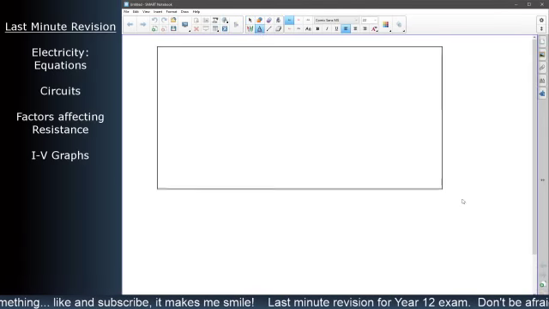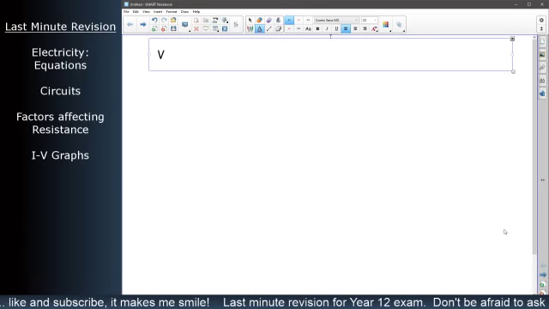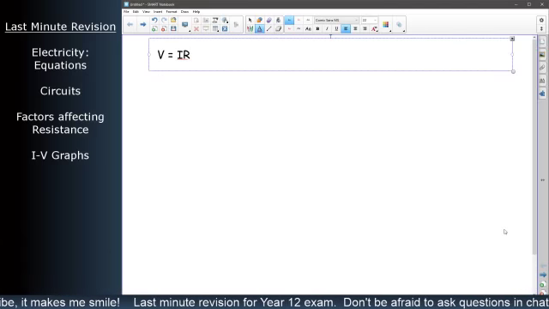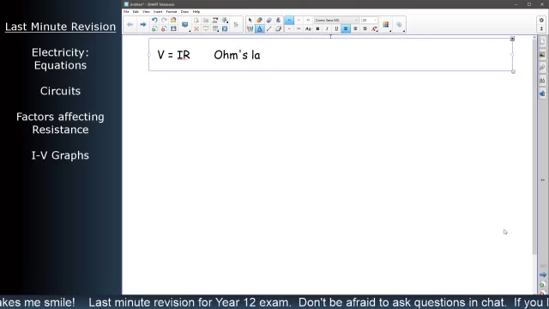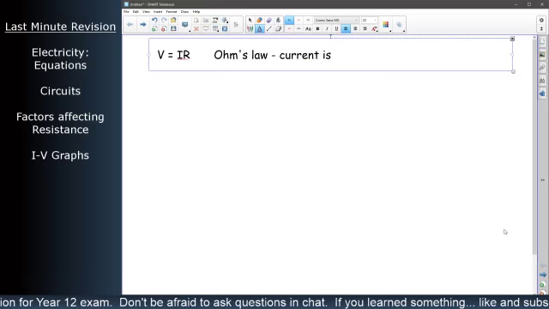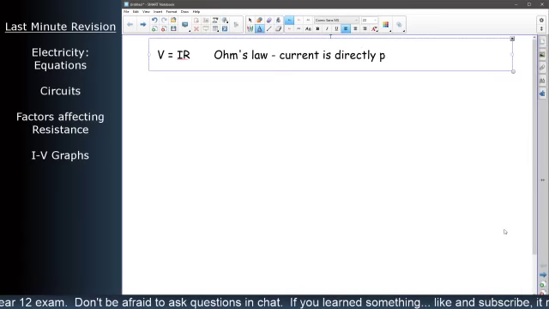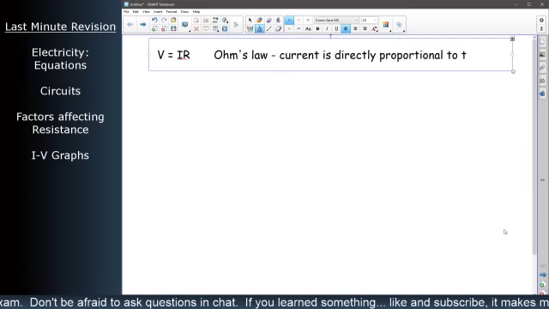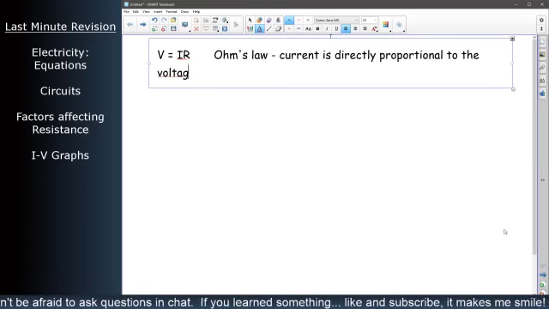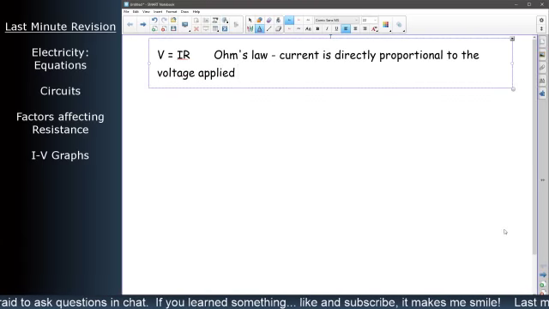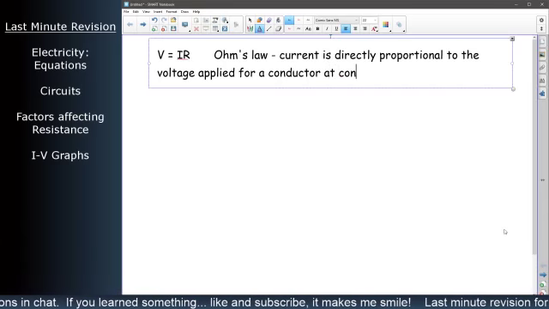You get to have a few equations to start with. First of all, you start with V equals IR, the quintessential electricity equation. This is Ohm's law. Okay, and you need to be able to state this completely correctly, which is that Ohm's law says that the current is directly proportional to the voltage applied for a conductor at constant temperature.